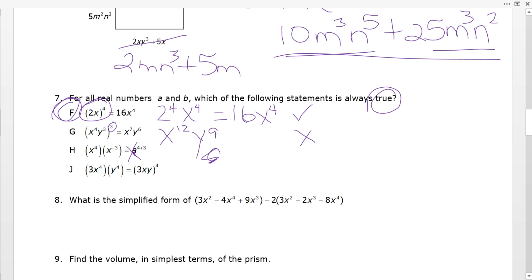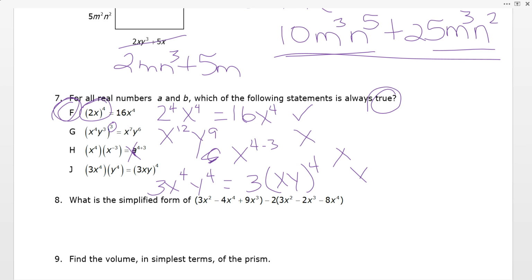I should end up with x to the minus 3, so that one's wrong. And j, I end up with 3x to the fourth, y to the fourth, which I could write as this, but I cannot put that 3 inside the parentheses because that would mean I was taking 3 to the fourth power, which I am not.